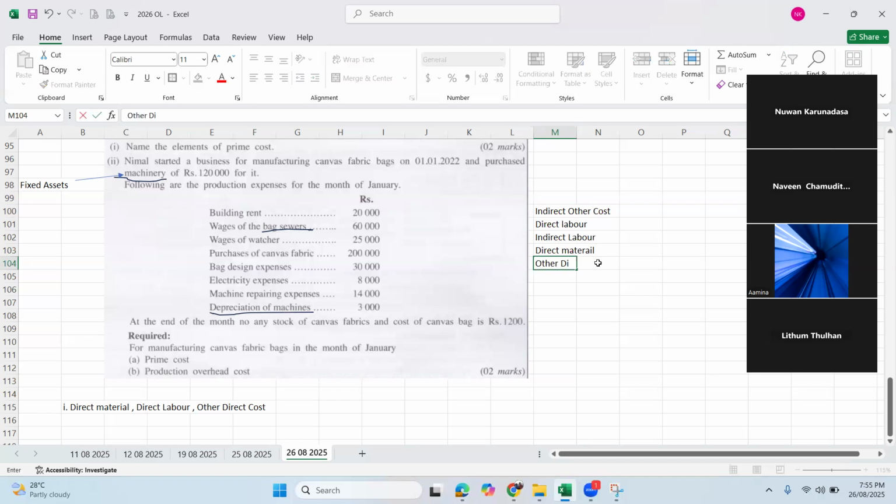Then bag designing expenses, other direct cost. Then electricity, indirect other cost. Machine repair expense, indirect other cost.